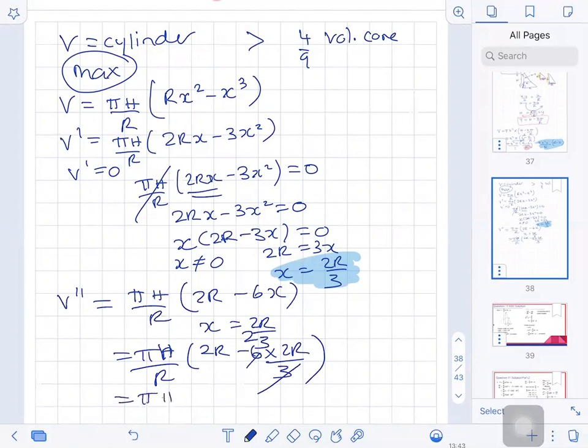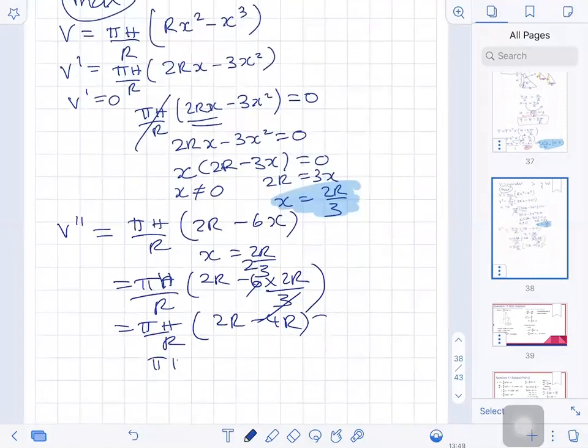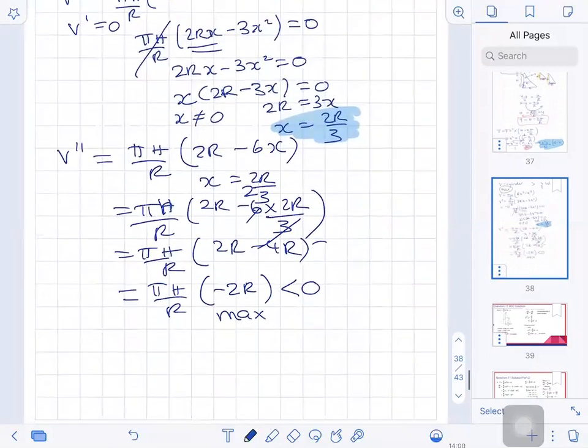So you've got pi h on r, 2r minus 4r. Pi h on r, minus 2r, because 2r minus 4r is minus 2r. Less than 0, therefore that's the maximum. Okay, so x is 2r on 3.